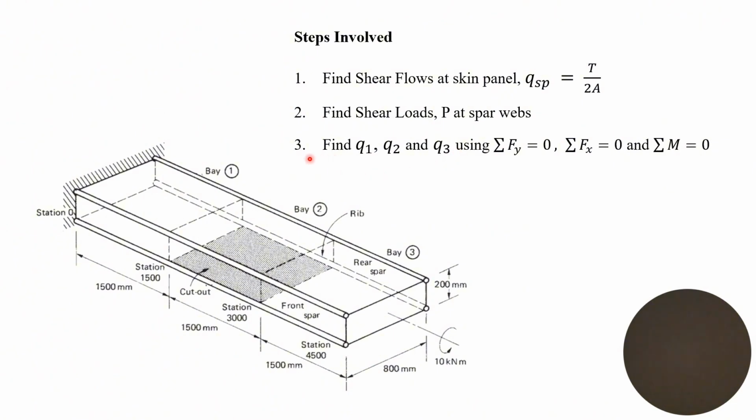And the third step, we need to find q1, q2, and q3 by using the summation of forces in the Y and X axes, and also the summation of moments. Only then can we get the values of q1, q2, and q3, which will be presented by Nick and Umie. So that's all from me. Thank you.